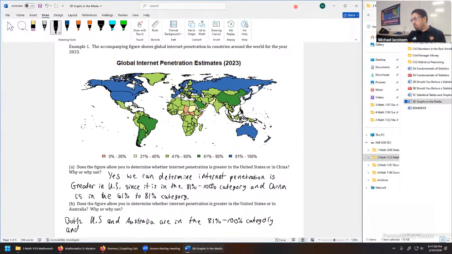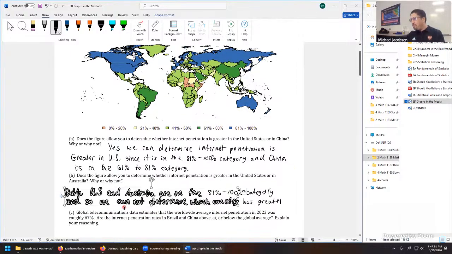And so we cannot determine which country has greater internet penetration. Again, kind of weird wording there.